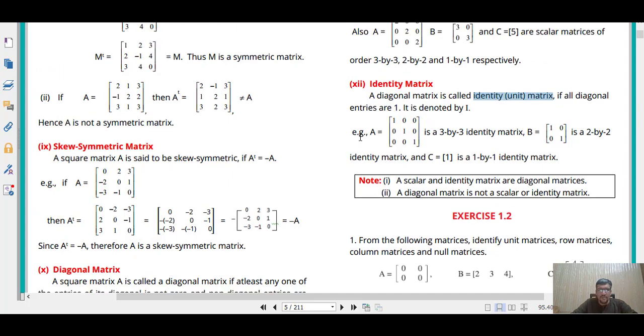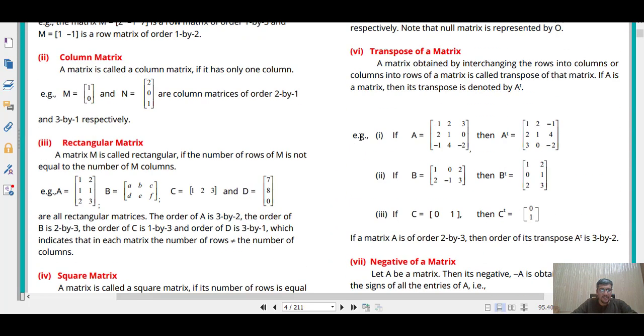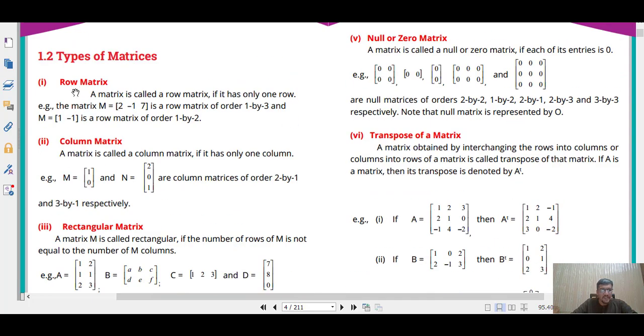Next, which we are going to discuss is the row matrix. Here the type row matrix is given. A matrix is called a row matrix if it has only one row. For example, the matrix M is equal to [2 -1 7]. These are real numbers.